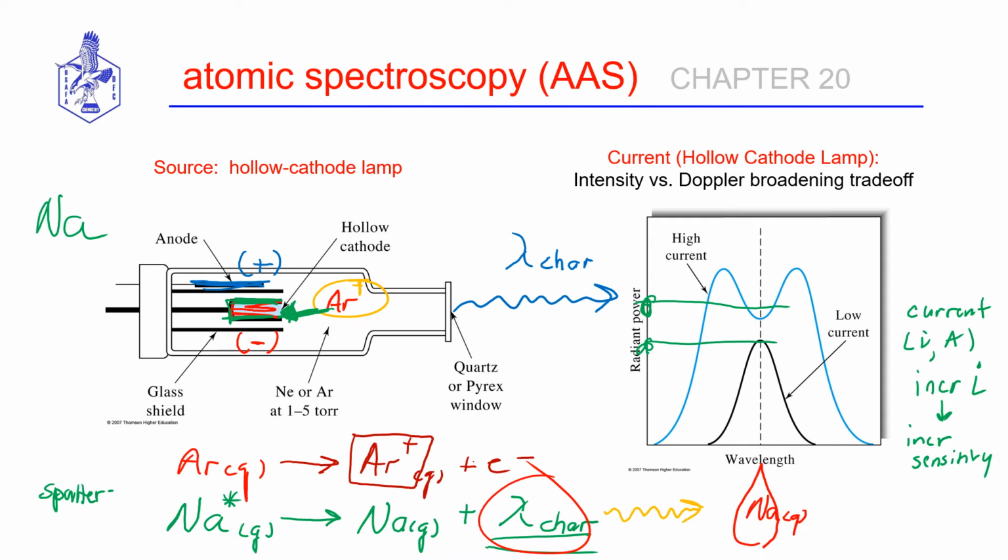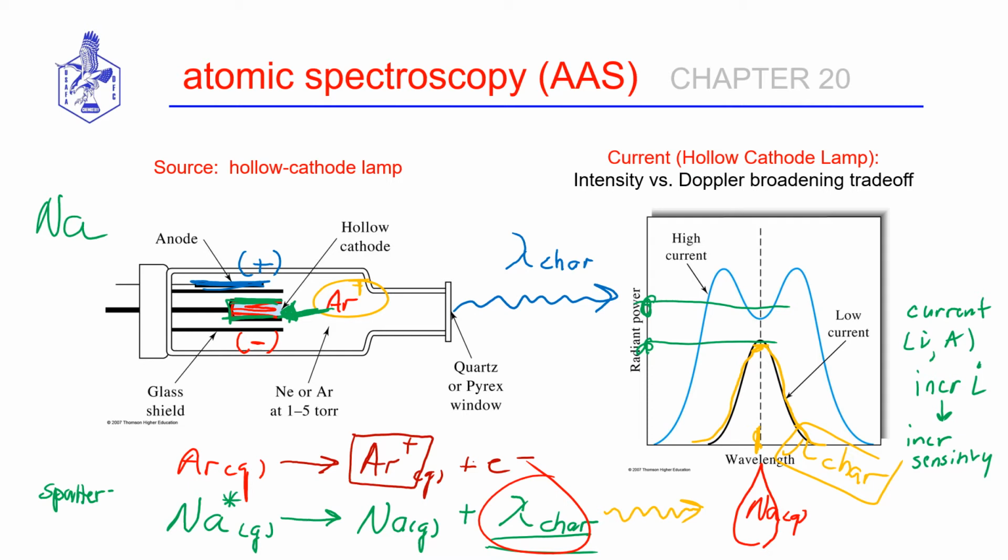The problem is as you operate at a higher current, you get what we call Doppler broadening. If this is my characteristic wavelength that I want to excite my atoms with, at a lower current, I get a nice distribution like this, in which the most intense wavelength is at the characteristic wavelength of my analyte species.